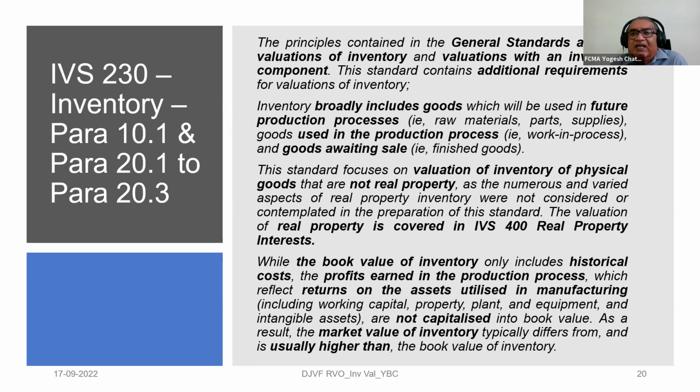So that is, as I informed in the beginning itself, for accounting, actually the principle of conservative approach is adopted. So their profit will be accounted for only on realization. So that is how it is not capitalized into book value. And as a result, the market value of inventory typically differs from, and is usually higher than, the book value of inventory.